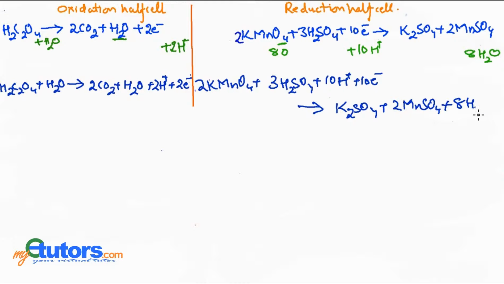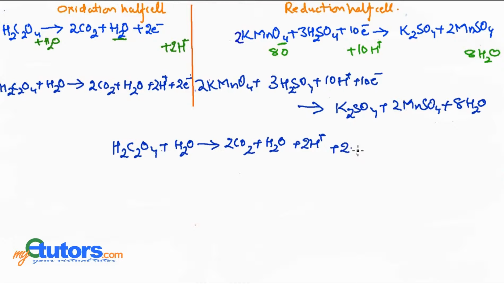You can add both of these or either one of these to balance your equation. Now after balancing both hydrogen and oxygen in the half cells, we have to add the oxidation and reduction half cells. So rewriting the balanced oxidation half cell and balanced reduction half cell.